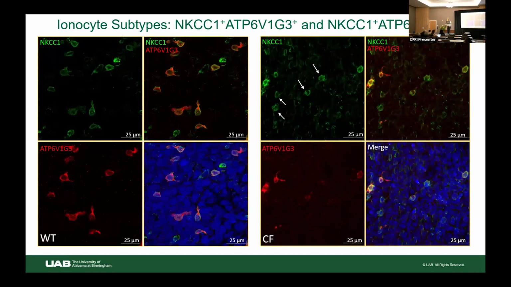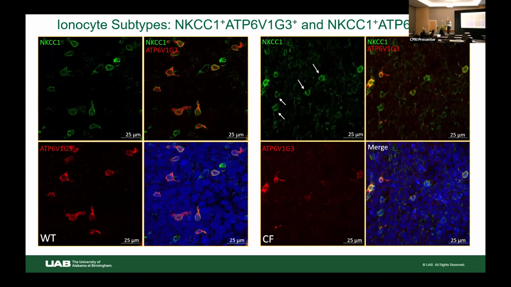So next we check the other ion transporters such as NKCC1. NKCC1 is mostly involved in salt secretion. So here we did a co-localization with NKCC1 and ATP6V1G3 in both wild type and the cystic fibrosis group.